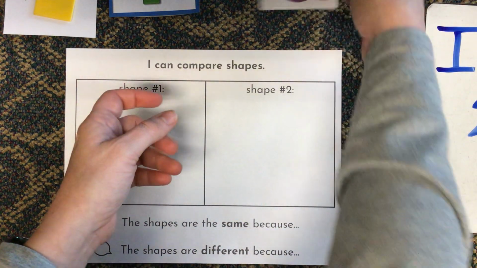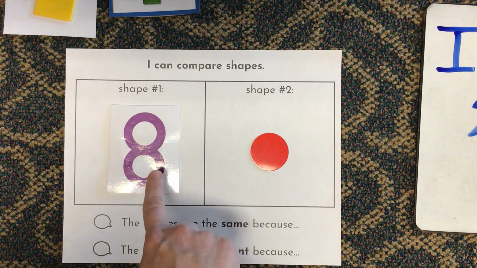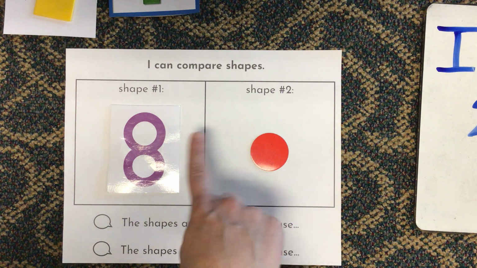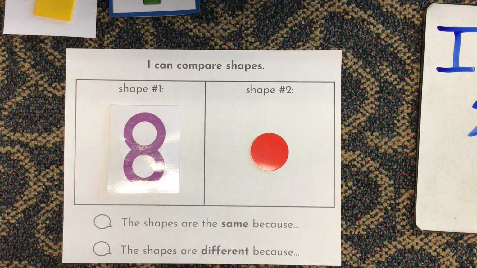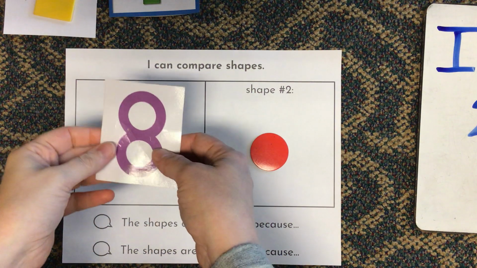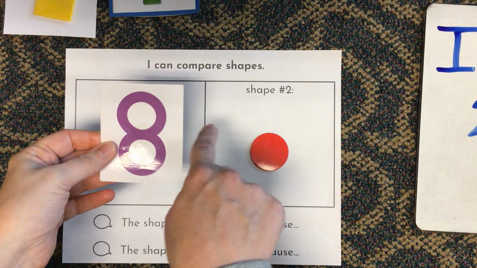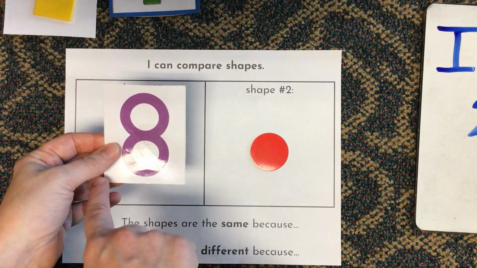Okay, let's compare 2 more shapes. We're gonna compare a rectangle with a circle. So we have a rectangle here and we have a circle. How are these 2 shapes the same? Do you see anything that's the same about them? I don't see anything that's the same. This shape right here has got 4 sides that are flat and it's got 4 corners.